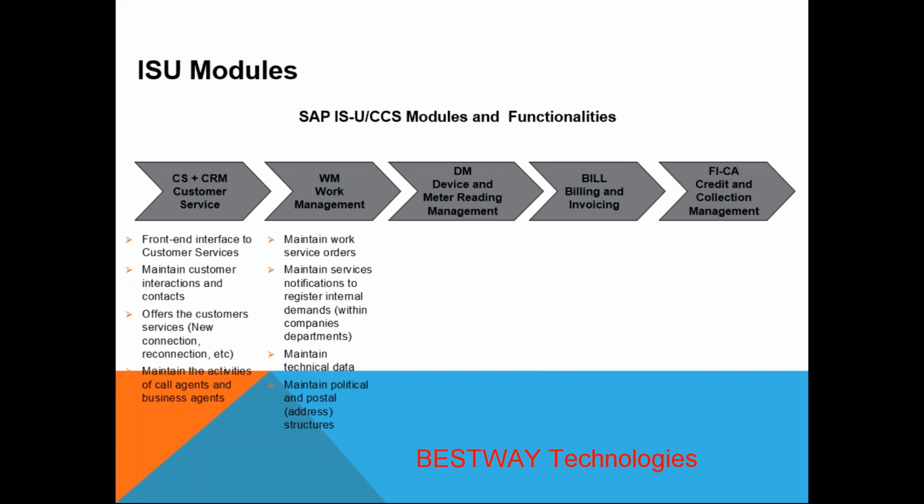Inspection is one. These sort of service orders we keep on creating. Once you trigger the service order, it will go through work management and be allocated to the responsible person, and he'll collect that and go and do the field work. That will be taken care of in work management.